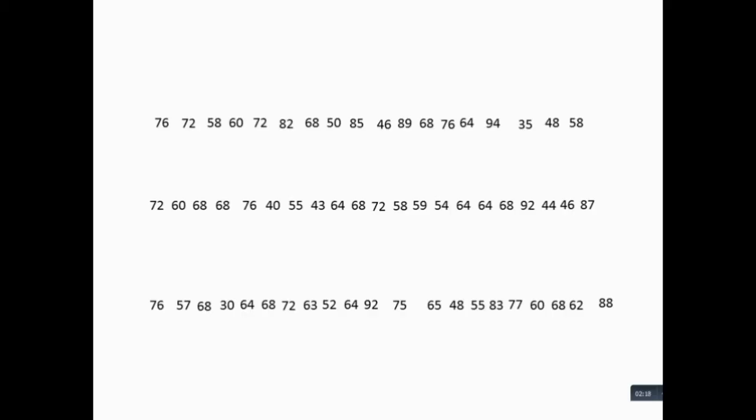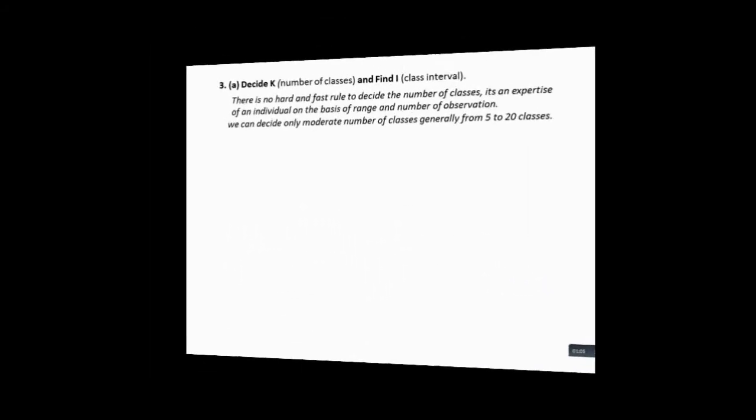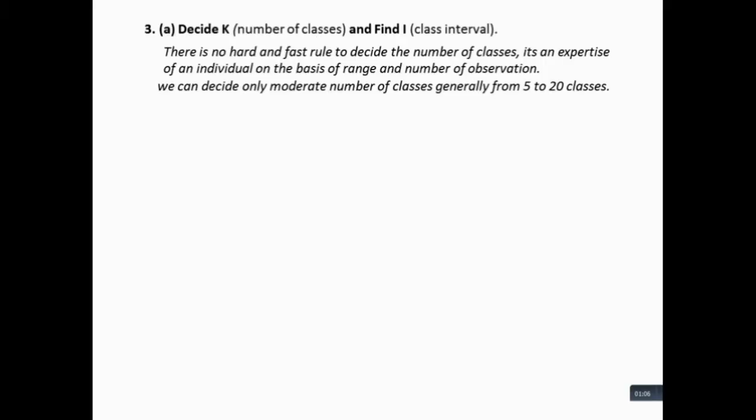So it is important to decide a moderate number of classes. Generally, we decide the number of classes between 5 to 20. We decided to take 7 as the number of classes for our data.